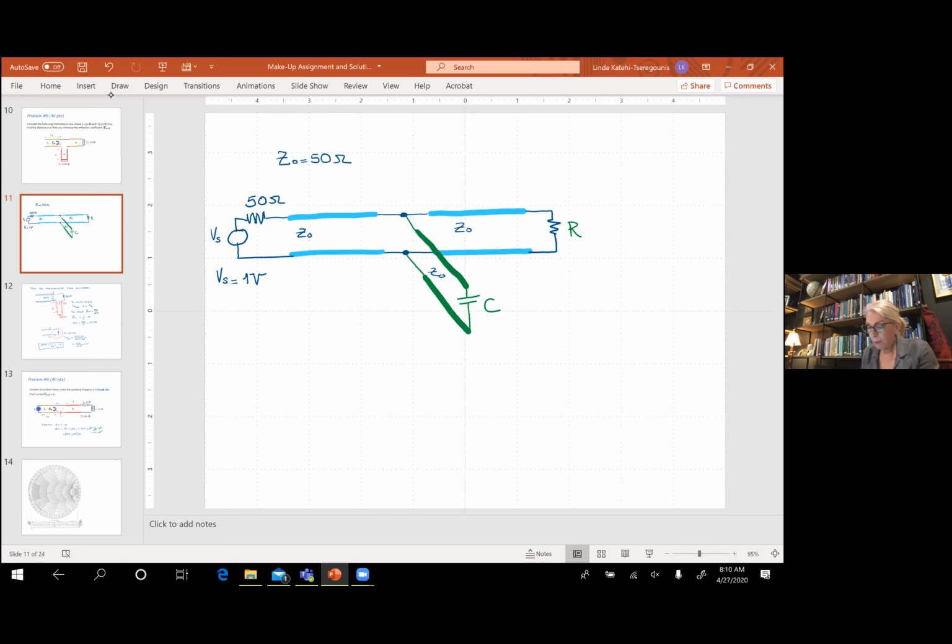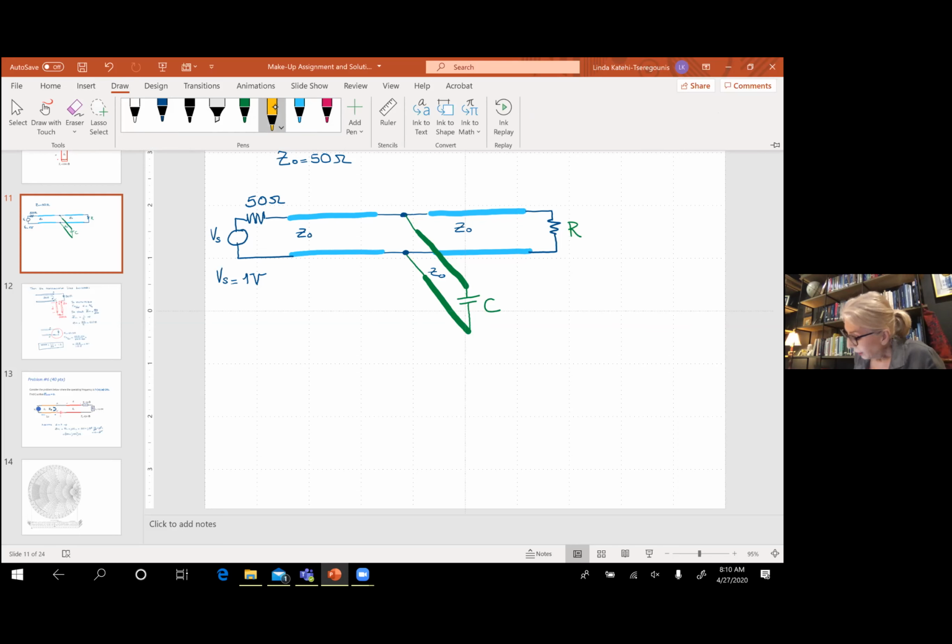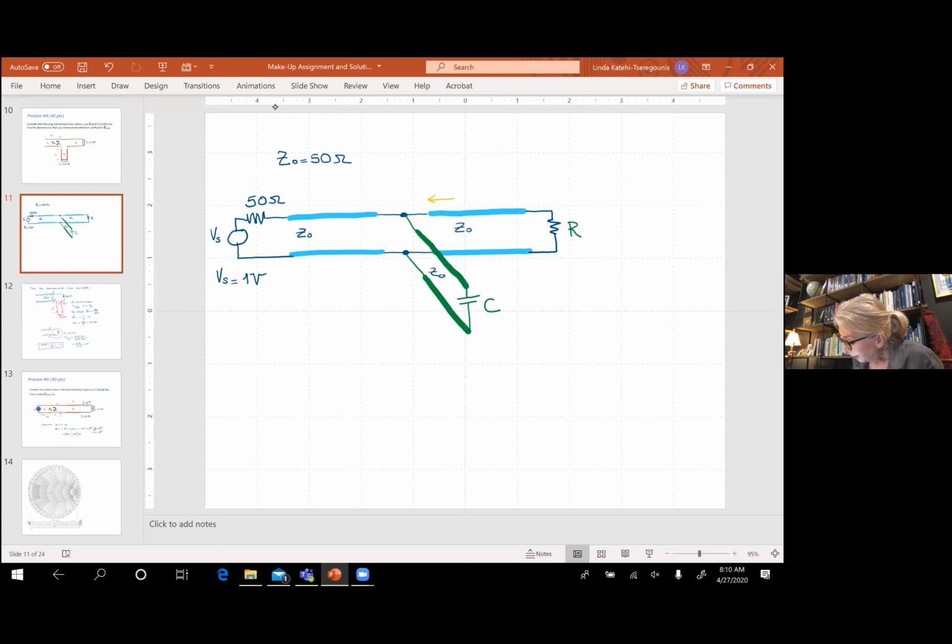All of them are in phasor form. That's why you don't see time in here, obviously. And I would like to find now this distance, D, and this distance, D sub S.